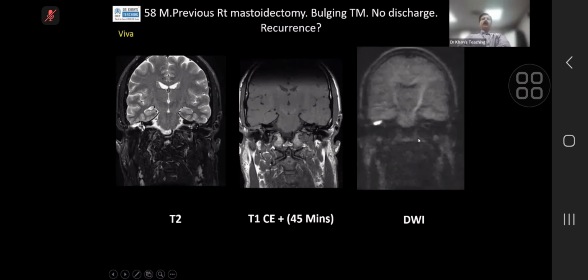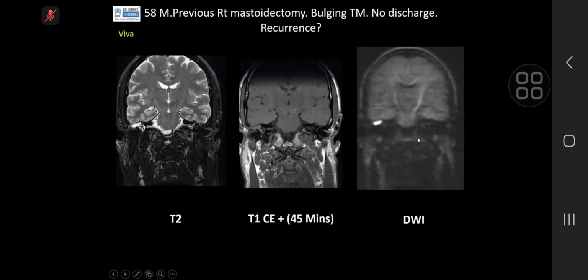Yeah. So let me now tell you something basic about the role of MR in cholesteatoma. Initially, people used to just do CT scans for cholesteatoma. Then people realized that there is a role of MR. And the initial role in which they started was in recurrent cholesteatomas.